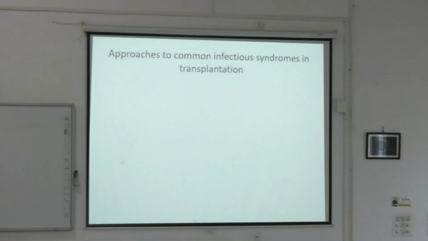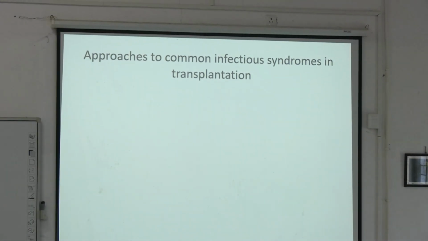Now, till now we have approached what organisms are generally causing the infections, how they are associated with different wings of immune suppression, and also what kind of infections occur more commonly based on the time period of the transplantation. Thereafter, if any patient in the post-transplant period is suspected of having infections, how can we approach this patient to detect the infections?